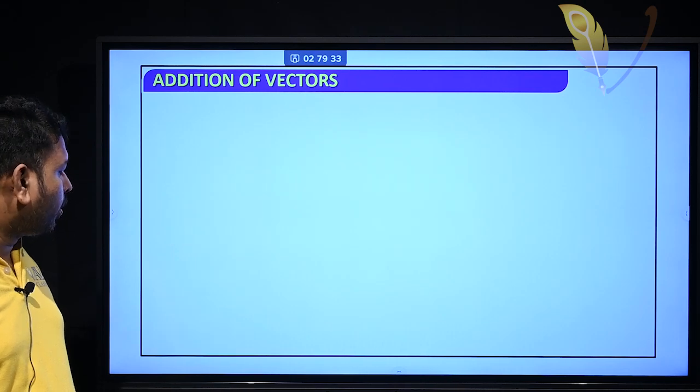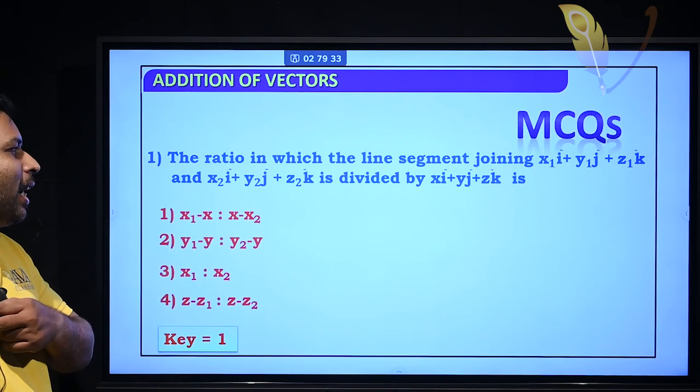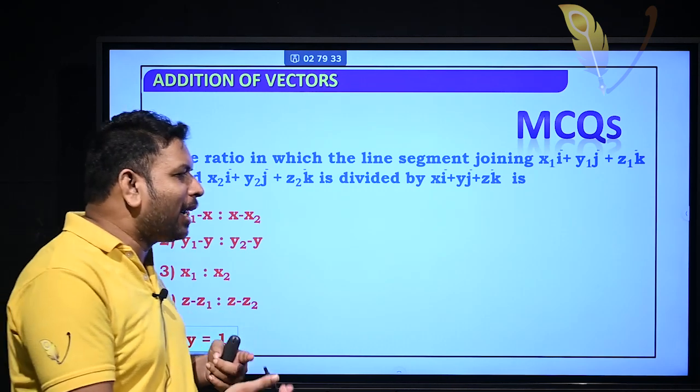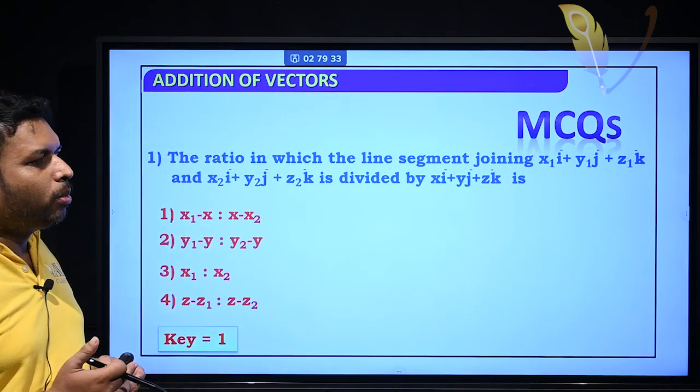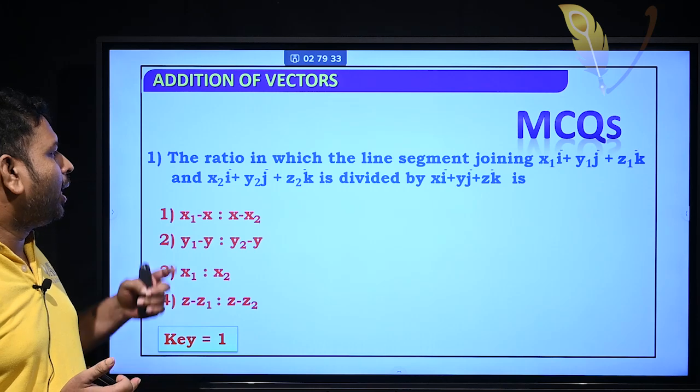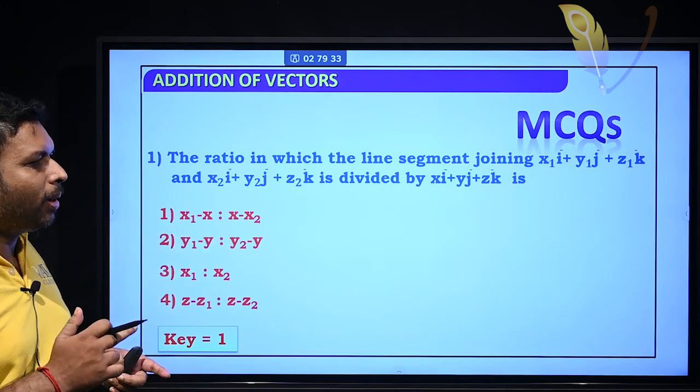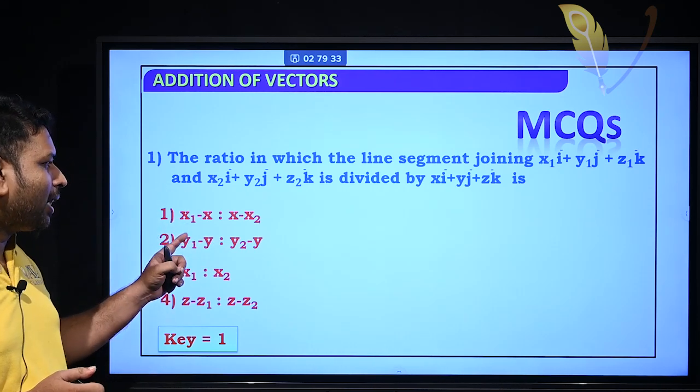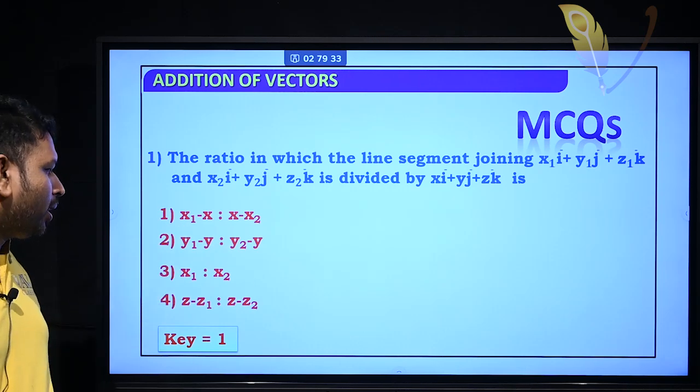Okay. So the first option is the right option. The ratio in which the line segment joining x1 y1 z1 and x2 y2 z2 is divided by the point xyz is x1 minus x is to x minus x2. Okay.